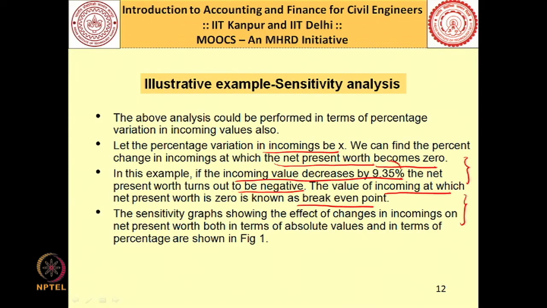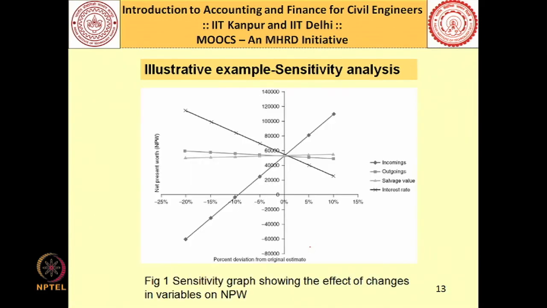So, this 9.35% change itself is causing the change of decision. Likewise, we can find similar percentages for other variables also, and you can plot them in the form of a spider web diagram. So, this is what is known as a spider web diagram, and the results of single variable change for a single alternative, we are showing like this.